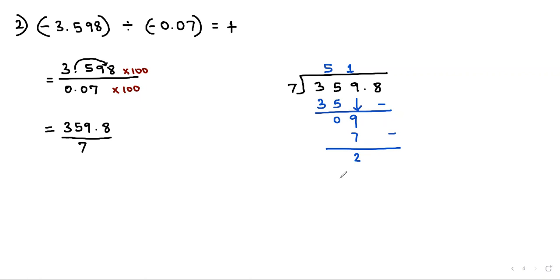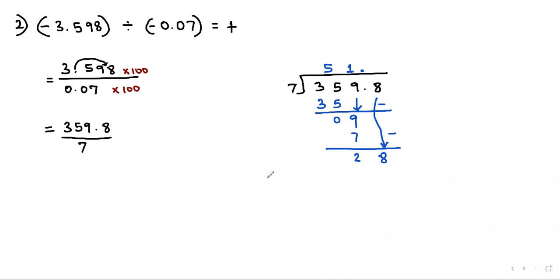That's correct. 2 divided by 7, possible or not possible? Not possible. Since it is not possible, we need to bring this 8 down. But before that, we cannot go to 8 before writing this decimal point up. So let's write this decimal point here, and then we can bring 8 down.